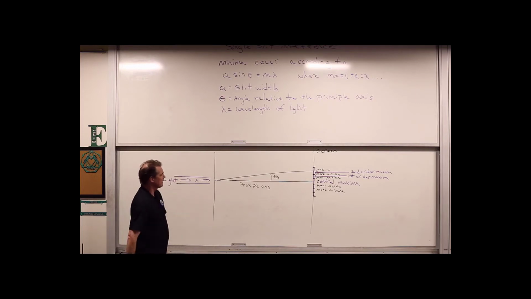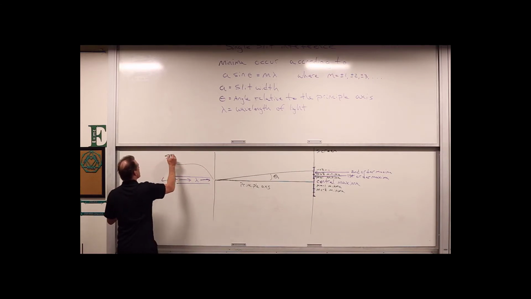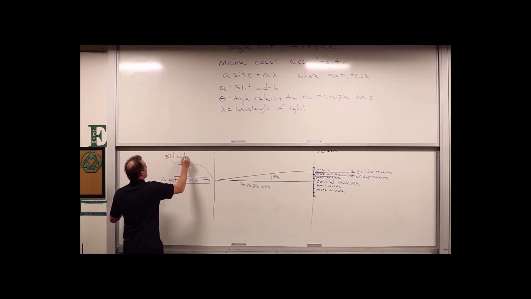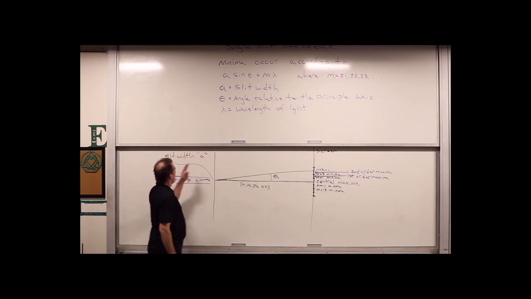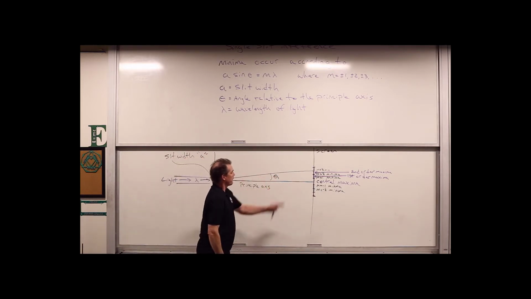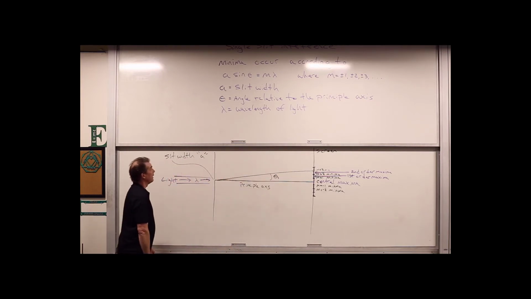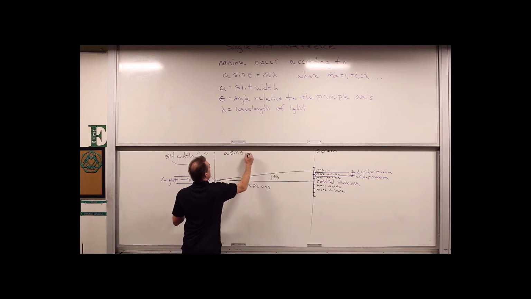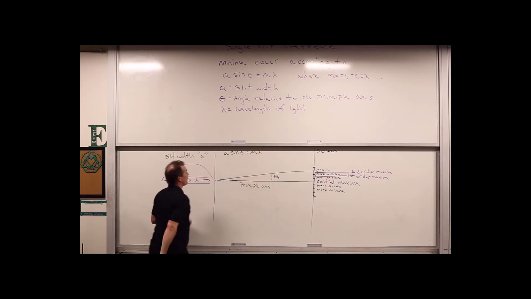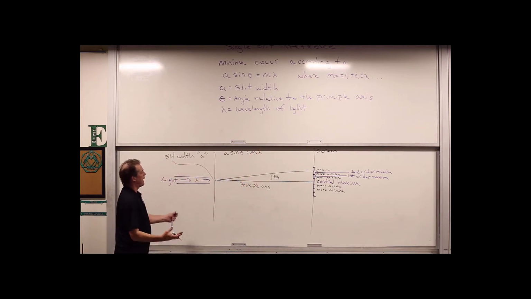If you want to put on a d in there, that's fine too. But ultimately, we've got the slit width a, we've got a theta, we've got an m, and we've got a lambda. And we've got that a sine of theta equals m times lambda for the minima. Maxima, again, just sandwiched in between successive minima.